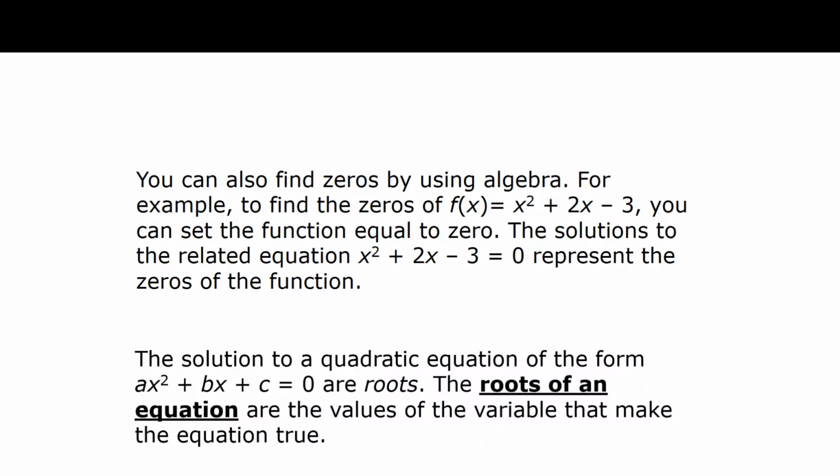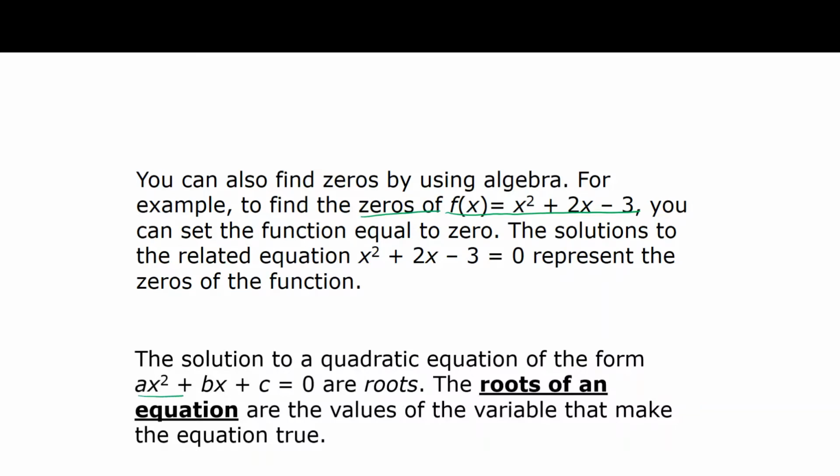All right, the solutions to a quadratic equation of the form ax squared plus bx plus c equals 0 are the roots. The roots of an equation are the values of the variable that make the equation true. Okay, so notice that when you have a function f of x, we say that we're looking for the zeros.